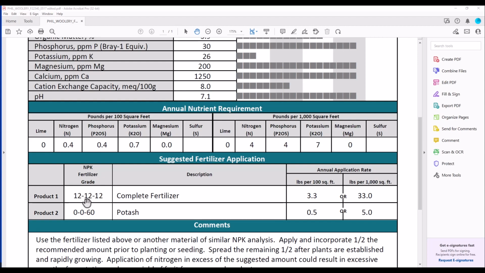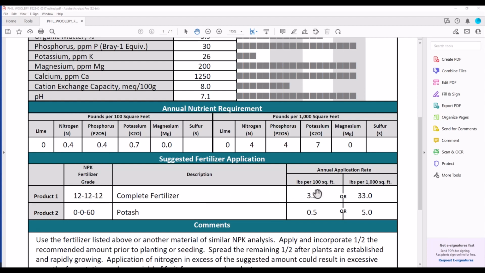And the rest is kind of fillers that help it form, be in a more stable form, which is not nutrients. So here they're recommending adding that.